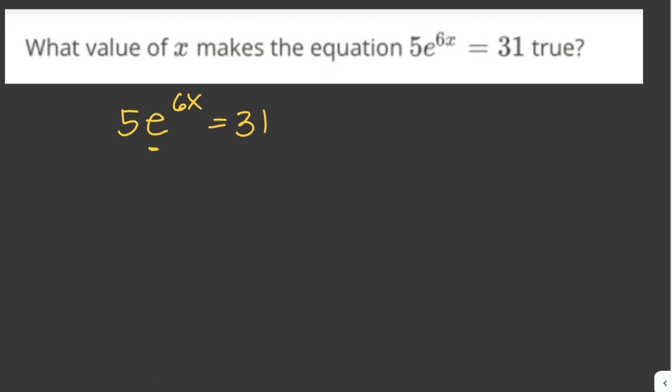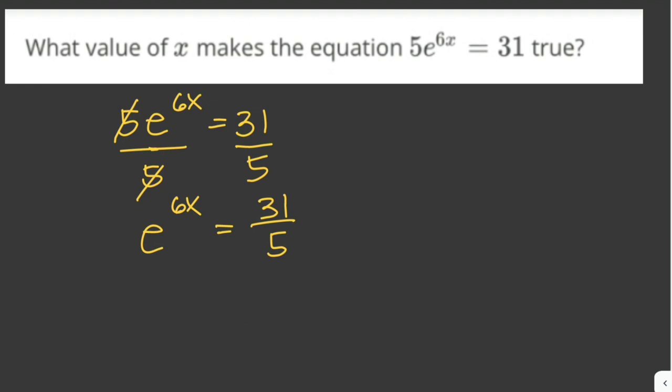So we can just use the natural logarithm to solve for x. The first thing we do is divide both sides by 5 to get rid of the 5 on the left side. So we are left with e to the 6x equals 31 over 5.